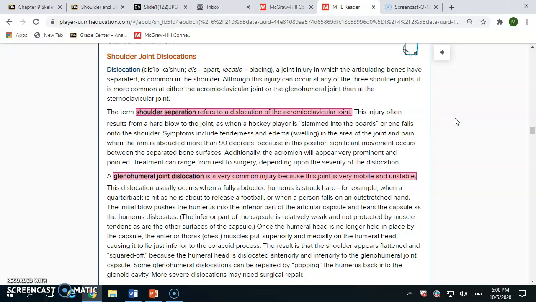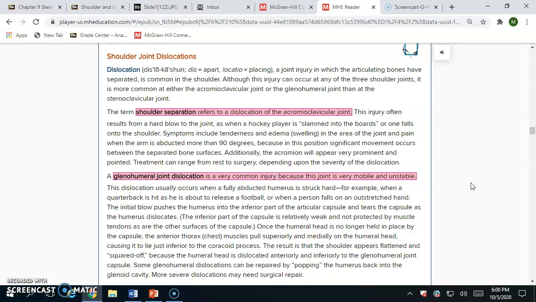Now, when it comes to all the shoulder joints, we have three of them. The sternoclavicular joint is going to be the strongest, so it's less likely to have a dislocation.